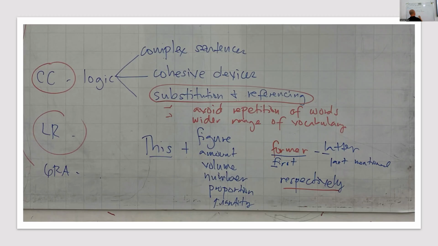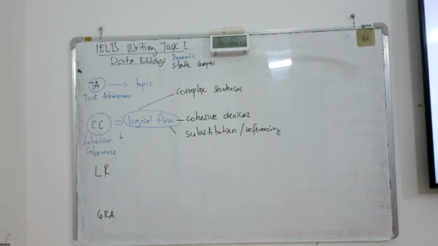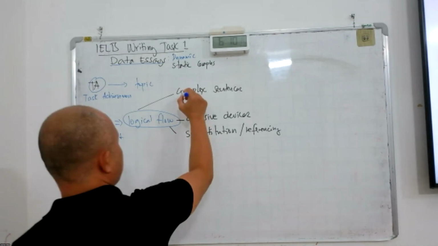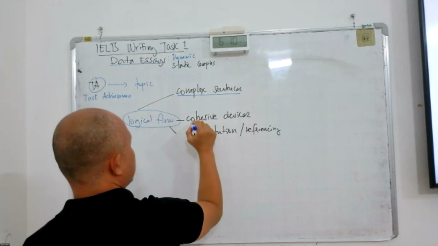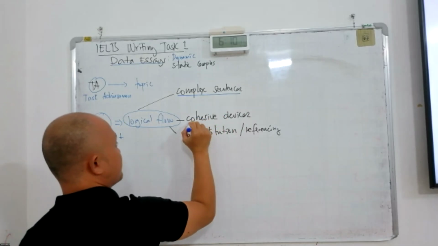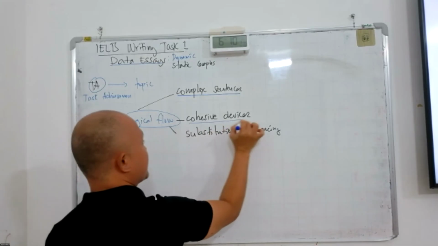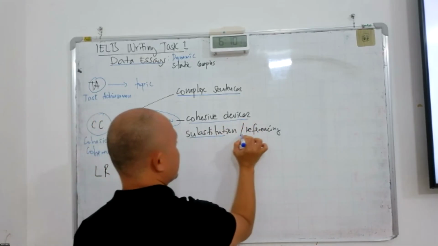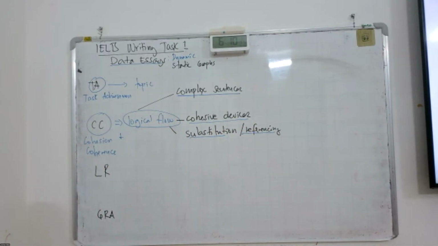So these are the 3 key points which the candidate has to check when applying or checking the logical flow of your essay. So let's check this one by one.